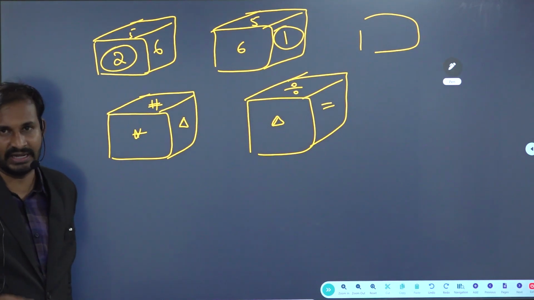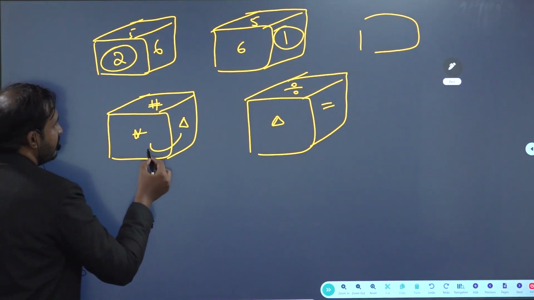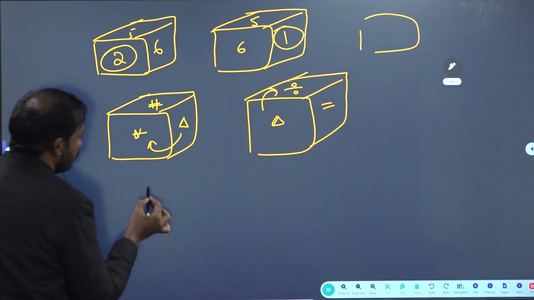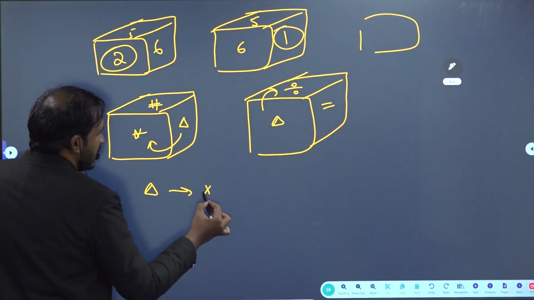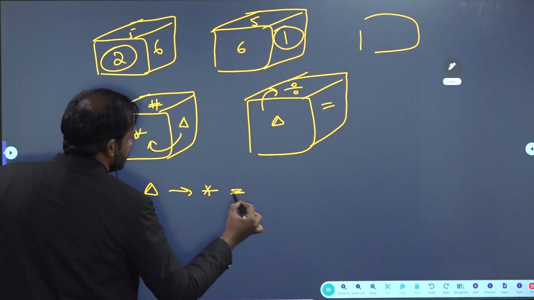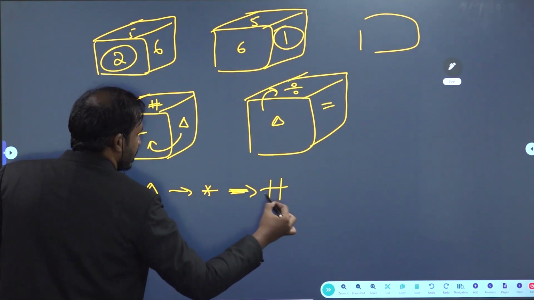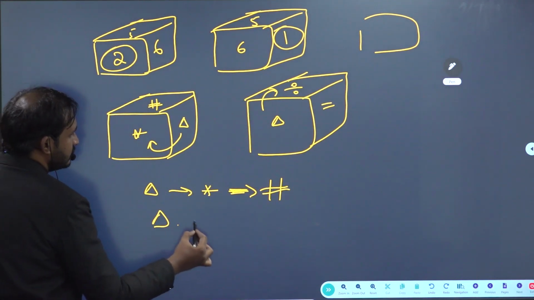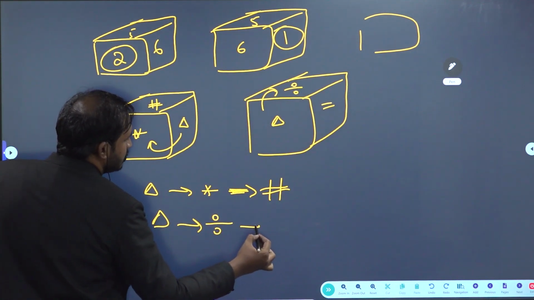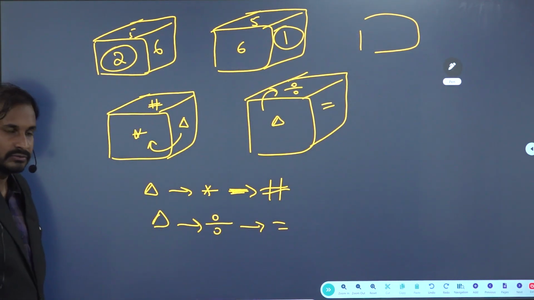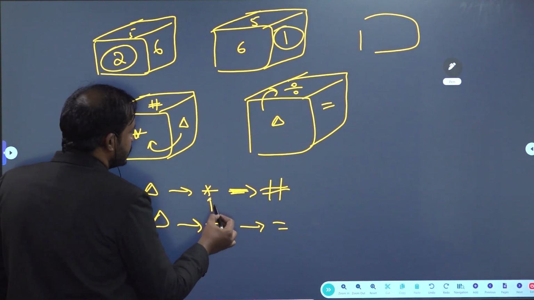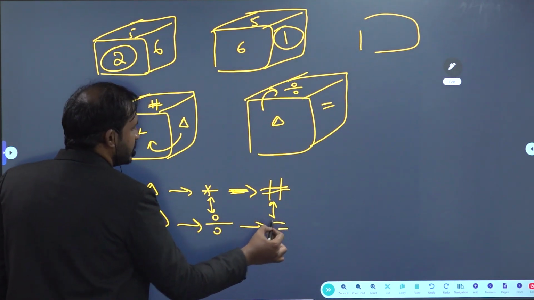Triangle and triangle. Okay sir, good. From triangle we will move in clockwise direction. So what will you write? Triangle, star, hashtag. Next in this case, triangle, division and equal to. So you can say that star is opposite to division and hashtag is opposite to equal.